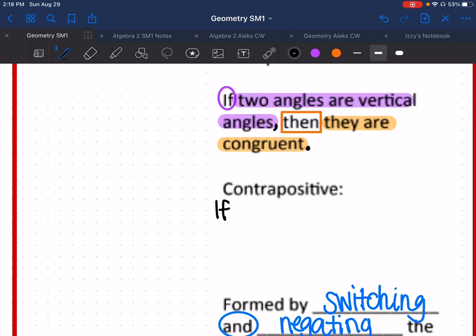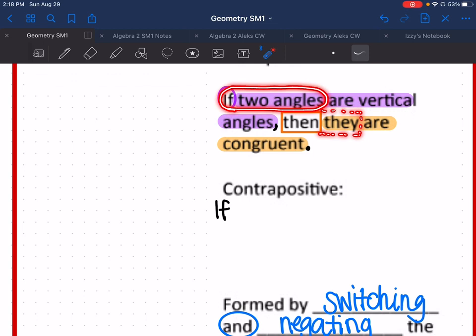Your English teacher might not think so, but it's fine. We could keep it if two angles are. We can replace this word they with what they are. In a part like this, you might want to add the box to include here and add the circle to include here.